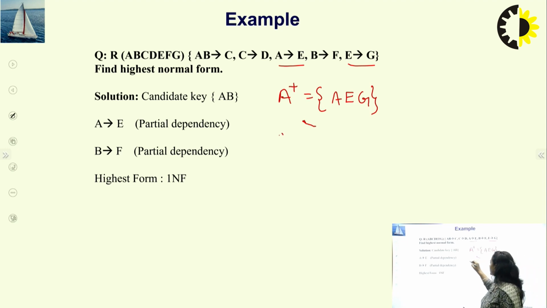So we'll go for the combinations. Try AB, closure of AB.